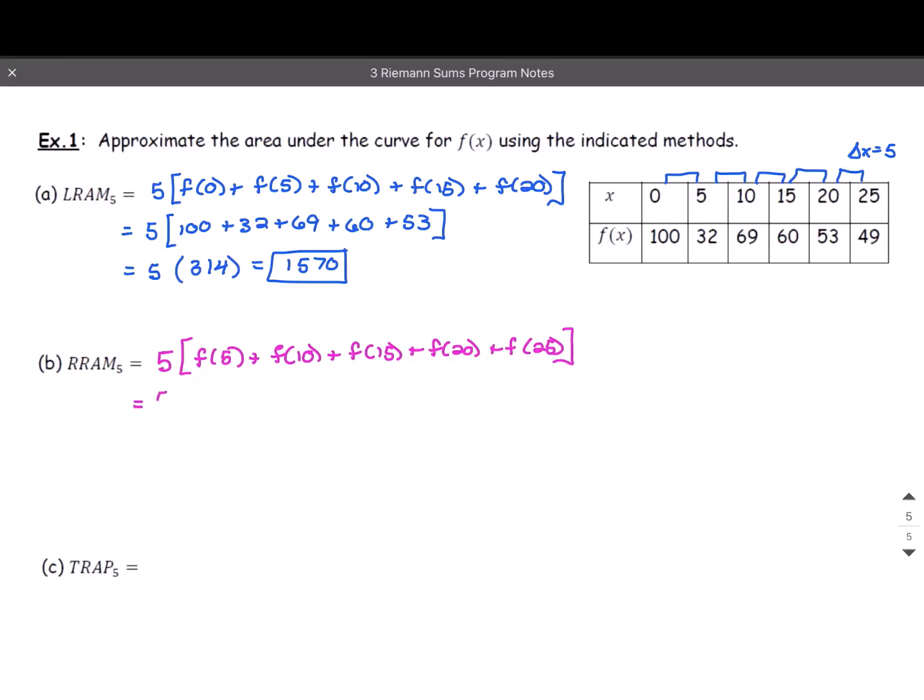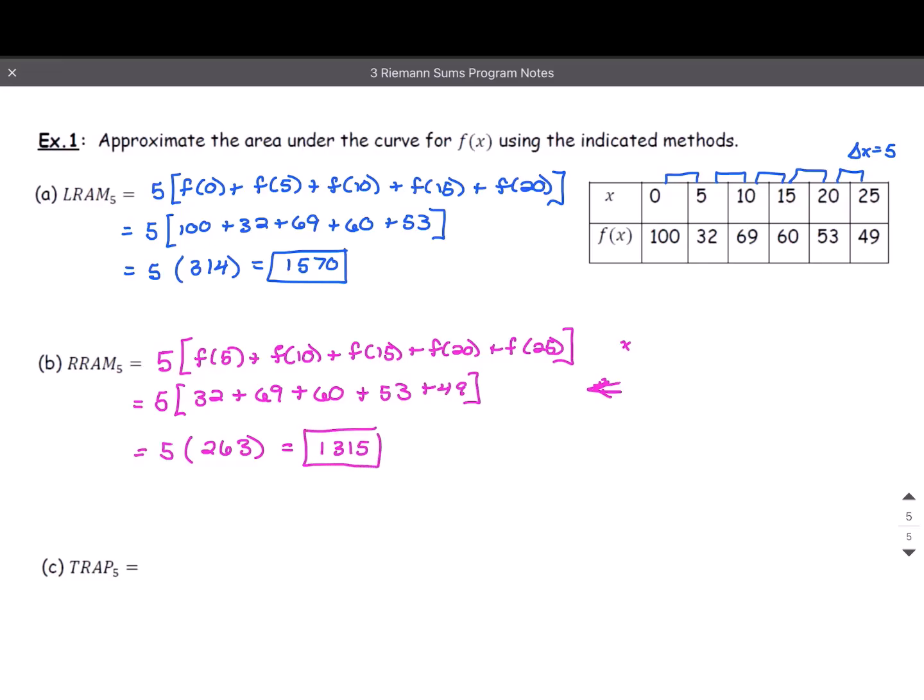And that'll give us 5 times 32 plus 69 plus 60 plus 53 plus 49. And guys, yes, since they gave you a table, you can start on this line and skip this line. That's also okay. So if we do the addition inside, we're going to get 263. Multiply that by 5, we're going to have 1,315.